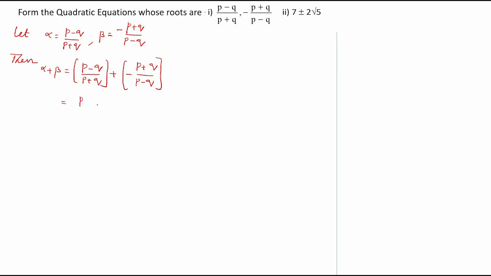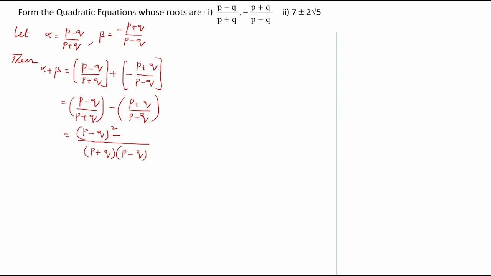So we can write this as p minus q by p plus q, this plus into minus will be minus, p plus q by p minus q. Let us add both these. Let us simplify it. P plus q into p minus q. The denominators are different. We need to multiply the denominators, cross multiply in the numerator. This p minus q will get multiplied with p minus q. So this becomes p minus q whole square.